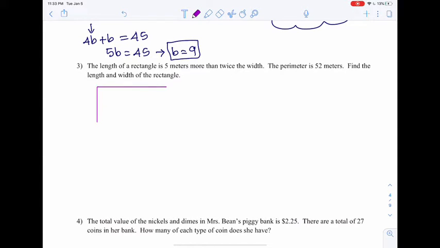Here's our rectangle. Let's call W the width of the rectangle, and L will be the length of the rectangle.